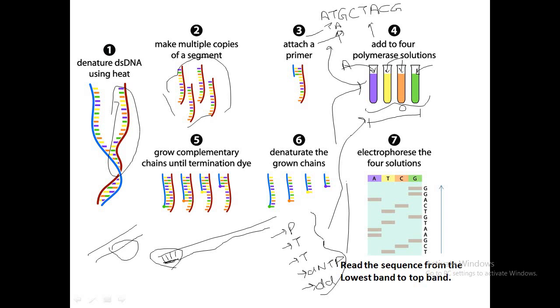But if this A is normal, it will extend and go further, and when A is added again, it will be decided whether this A is a normal A or a dideoxy A. Similarly, if this A is a dideoxy A, then again it will be stopped.